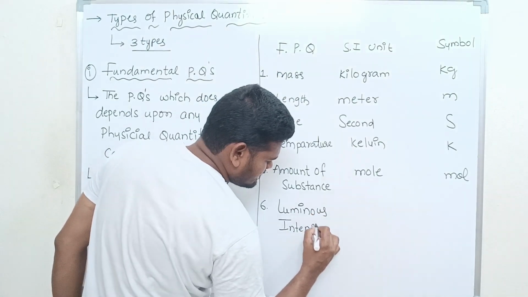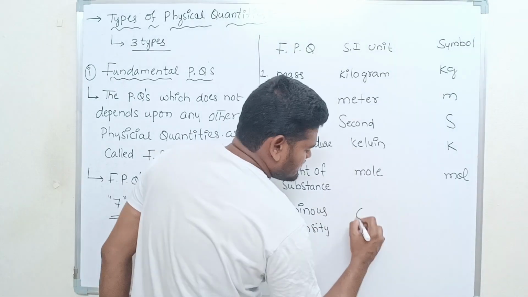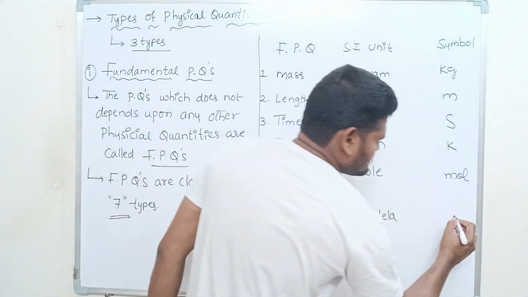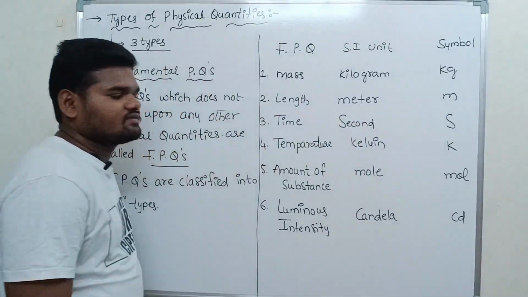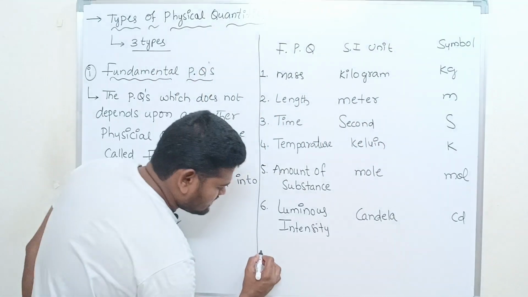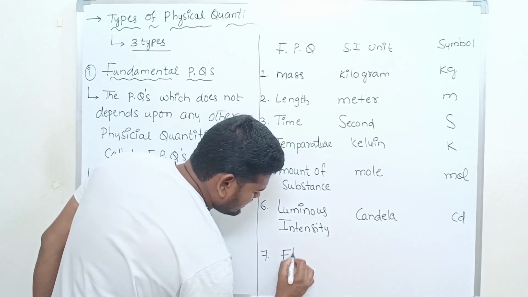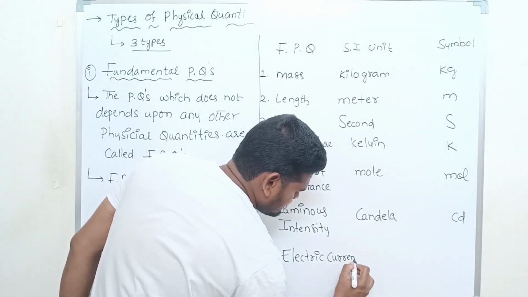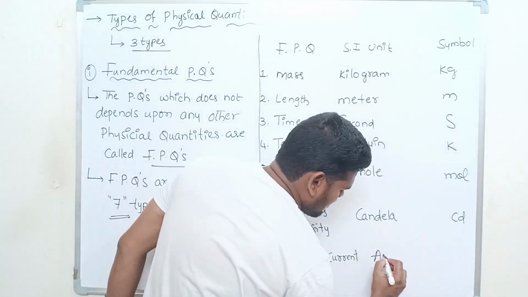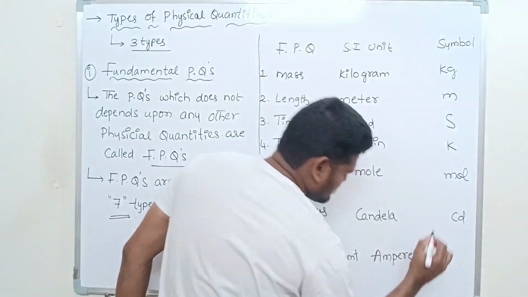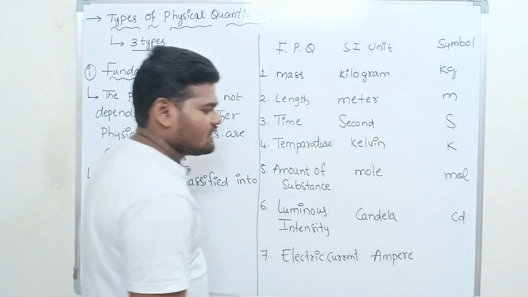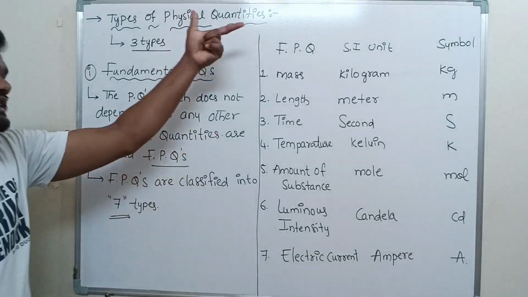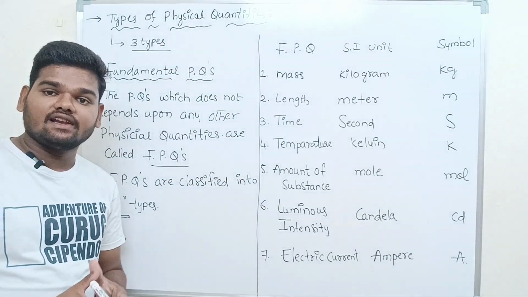Its SI unit is candela, and the symbol is cd. The seventh one is electric current. The SI unit is ampere, and its symbol is capital A. So these are the seven fundamental physical quantities.